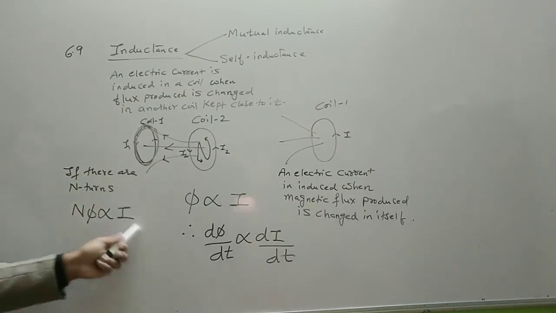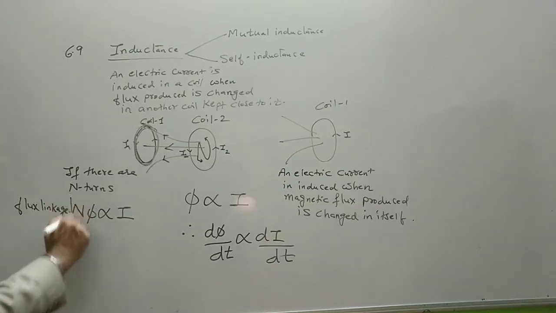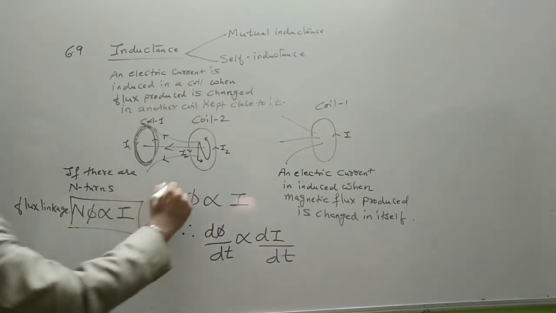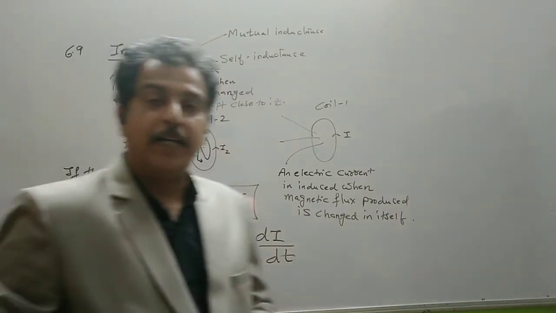So n phi is directly proportional to I, and in this case this n phi is generally called flux linkage. So n phi is proportional to I, or you can say the flux is proportional to I.